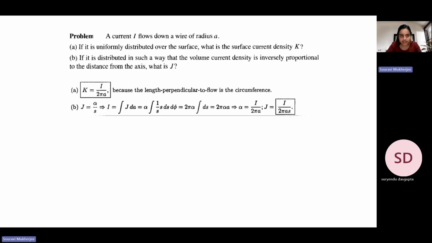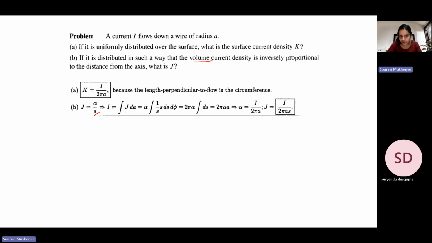Now, the next question says that the volume current density J is inversely proportional to the distance from the axis. So J is inversely proportional to S, where S is the radial component. Then what is the total current?